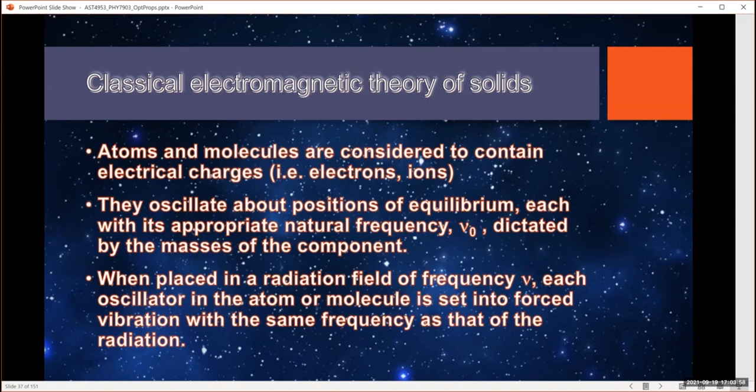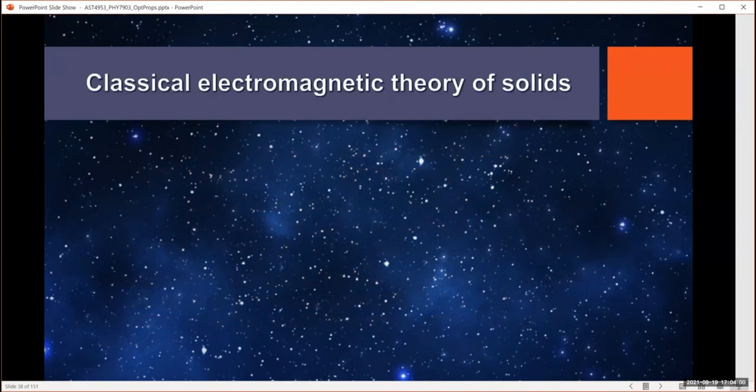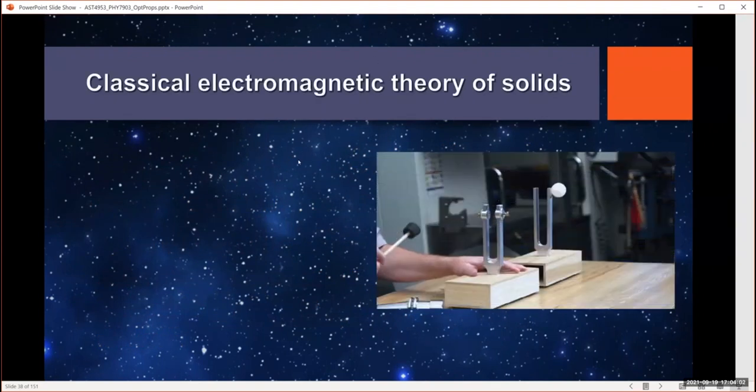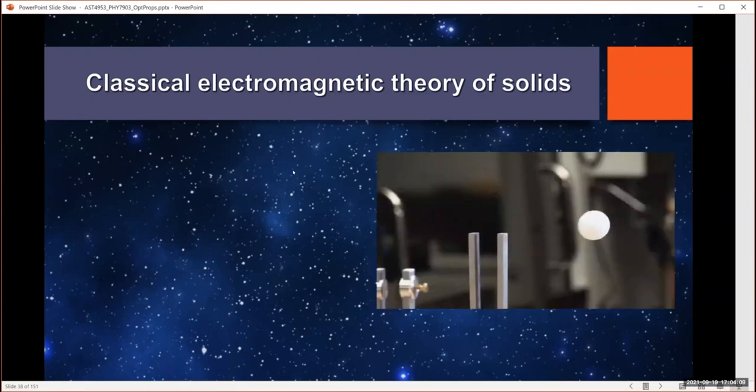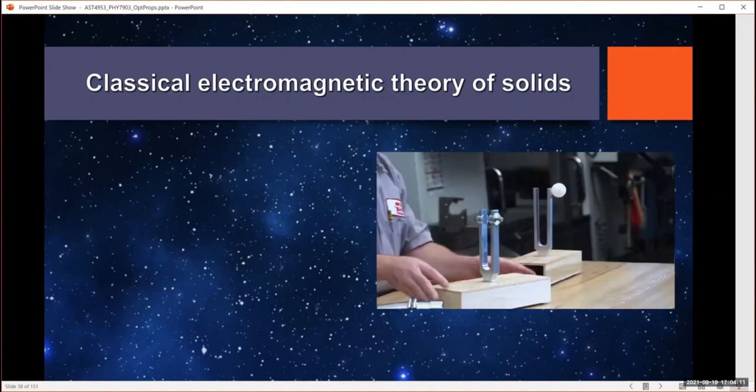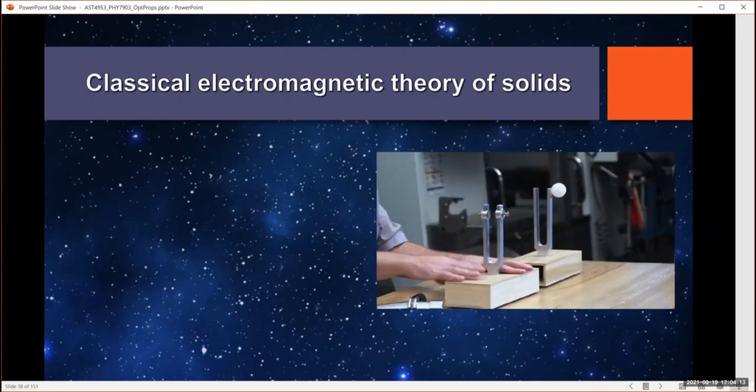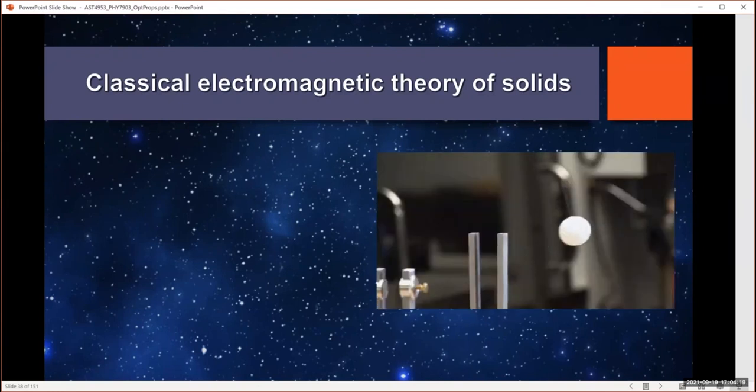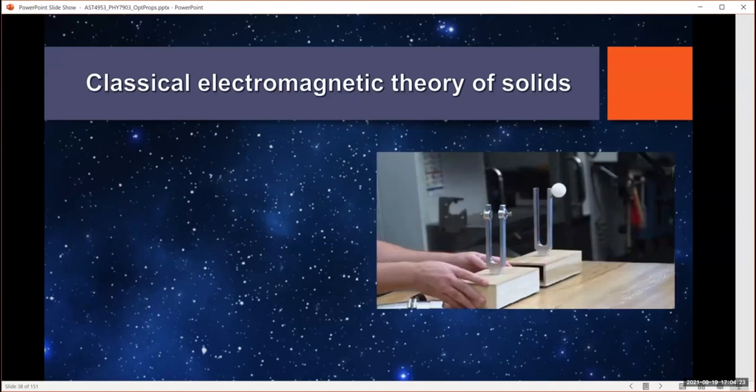So let's talk about what happens when you have a natural frequency. Here, this is with sound waves, but it works with electromagnetic waves too. I'm sure you're all familiar with this idea of resonance. What this is showing you is that if you have a tuning fork and it has the same frequency, by hitting that tuning fork, you're sending out sound waves that are the same as the natural frequency of the other tuning fork.